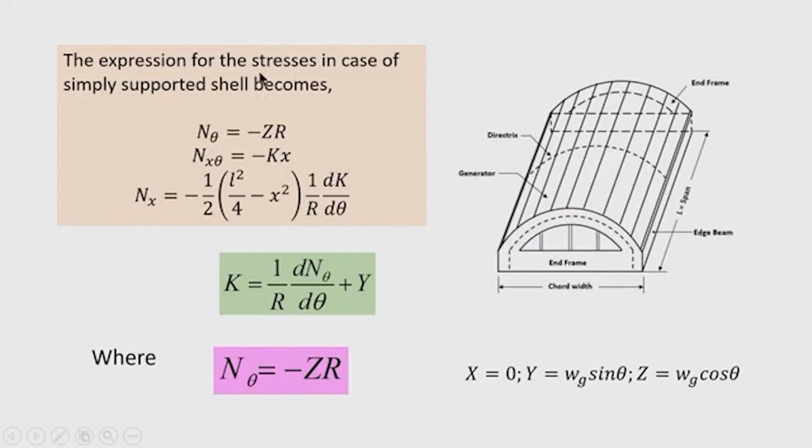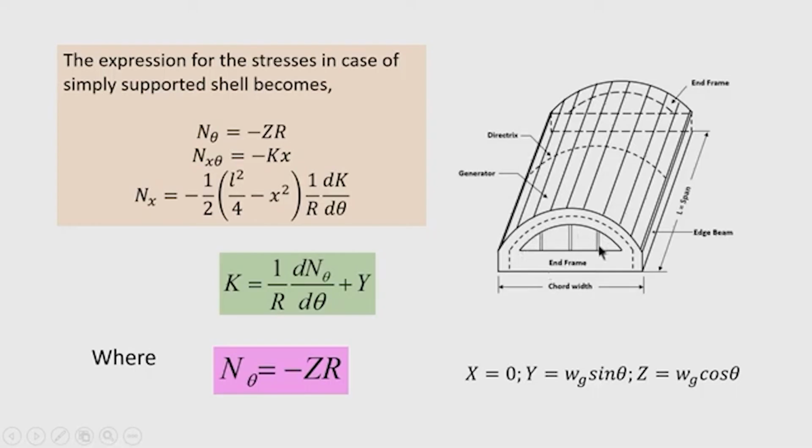The equations of stresses in case of simply supported shell were obtained in my last class also, and we have seen that for a simply supported edge, the simply supported condition exists at the transverse. Transverse are the supports at the two ends of the shell.